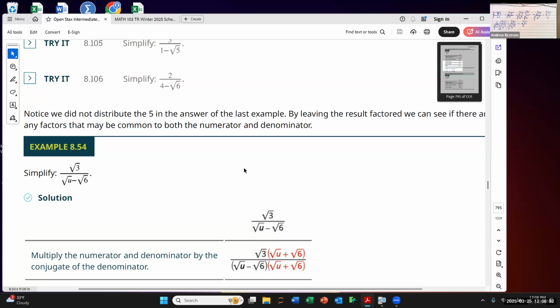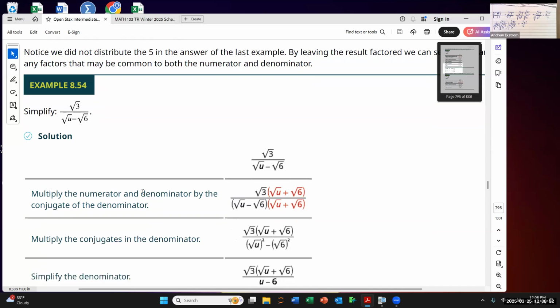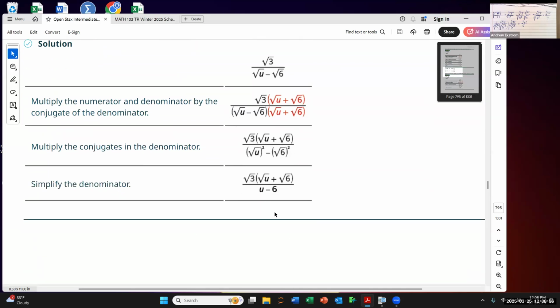Because a squared minus b squared is a minus b times a plus b, they eliminate each other. So your new denominator here is just going to be u minus 6. Numerator is going to be a mess, but the denominator is actually going to be pretty nice. You can see what's going on there.